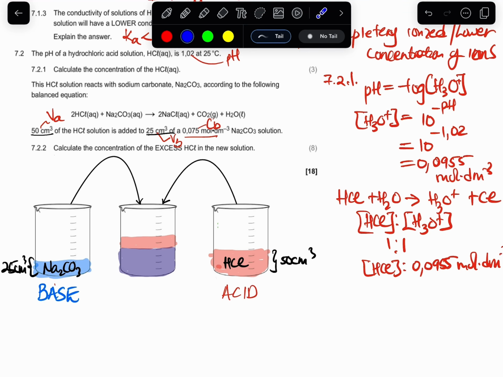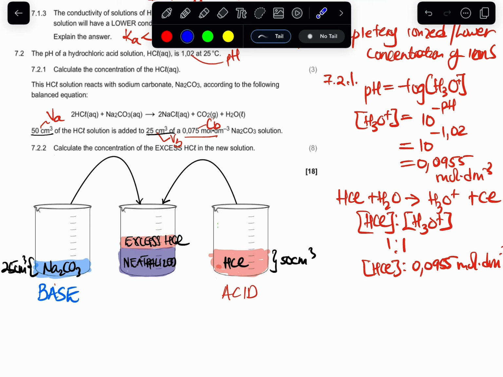So now let's say this purple color is when they're both neutralized, and the pink color is an excess, which is the excess of HCl. So what we want here is the concentration of that excess.